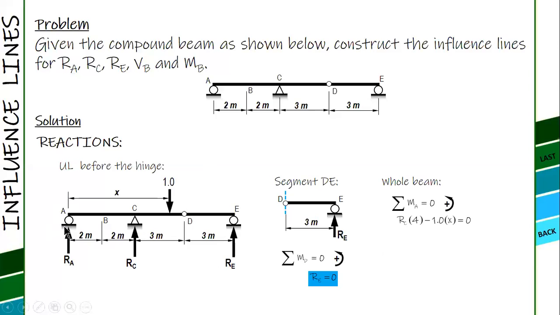So RC times 4 minus, take note, 1 times X. So regardless sa position sa unit load, whether dire, BC or AB, still ang yung distance is X. So natay RC na 1/4 or 0.25X. And then sum up pag force sa Y, makuha mo ang RA. RC, then RE 0. Inana kay RA na 1 minus 0.25X. The second one is when the unit load is after the hinge.